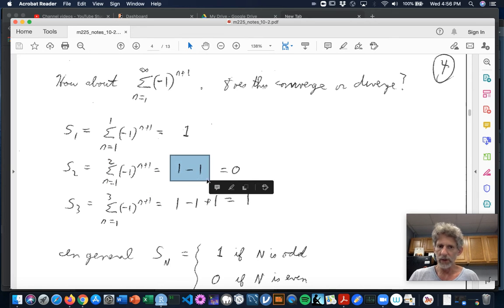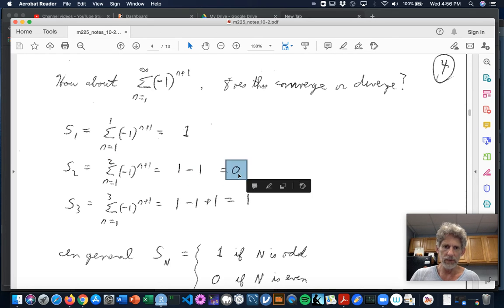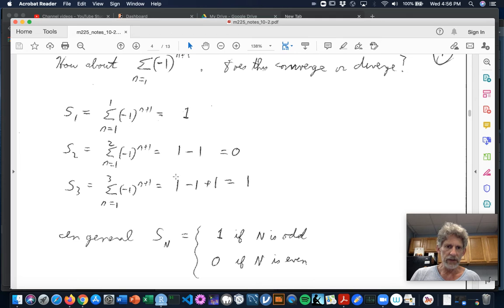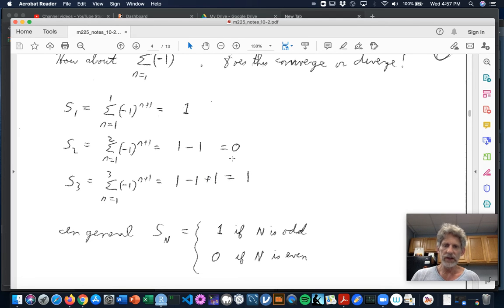And that turns out to be 1 minus 1, which is a 0. S3 is going to be the first two terms plus what you get by plugging in n equals 3. And -1 to the 3 plus 1 is -1 to the 4, which is a plus 1 there. And so now it adds up to 1. And you start to see that you are just going to hop around between 1 and 0.